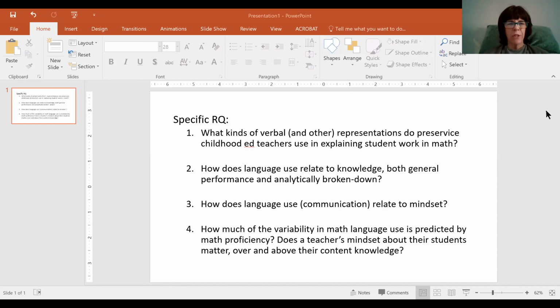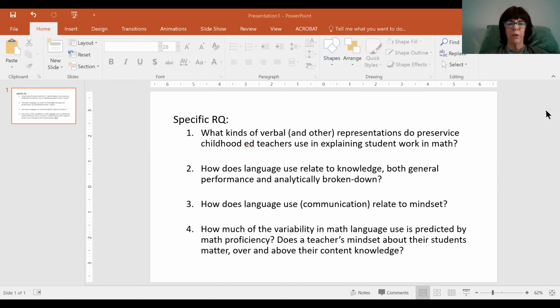The second question is, how does language use relate to knowledge, both general performance and knowledge broken down into procedural and conceptual components? So that will be a group of bivariate correlations, as is also done in the next research question, question 3, how does language use relate to mindset?